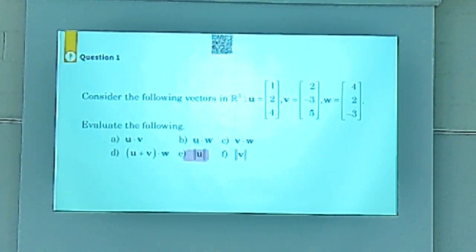Norm of U. By definition of norm, the square root of U dot itself.